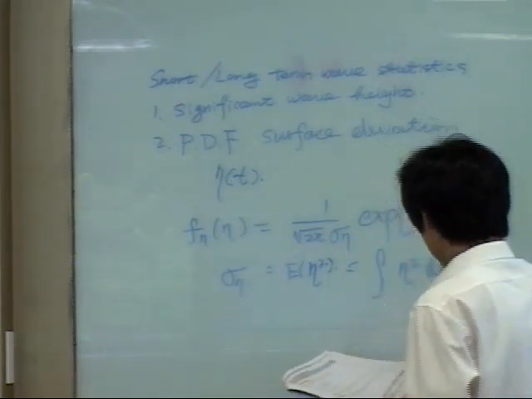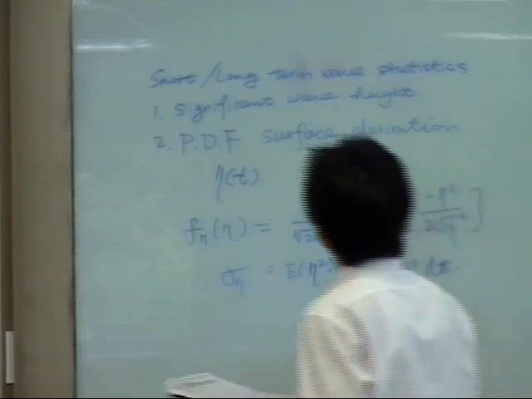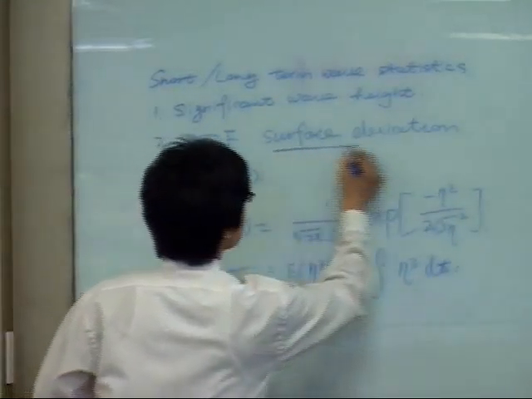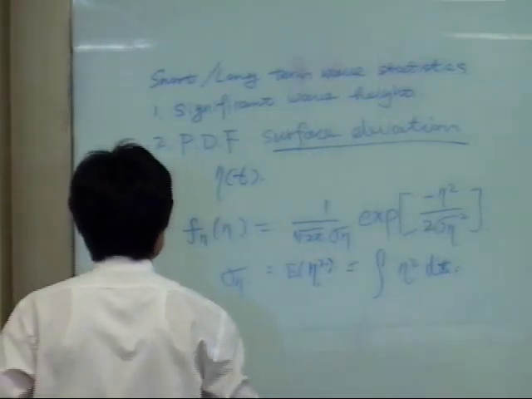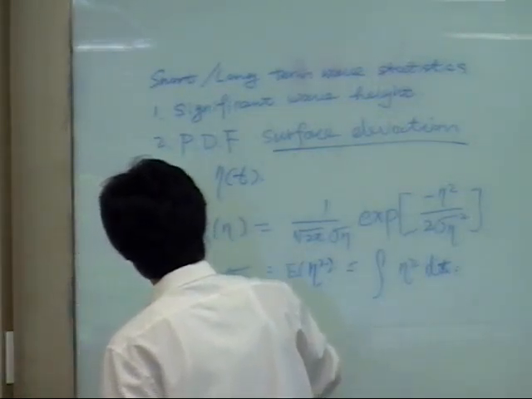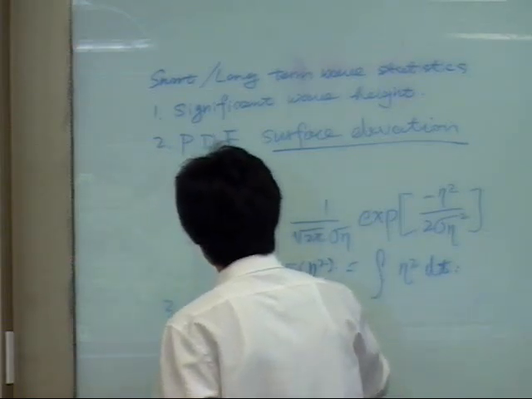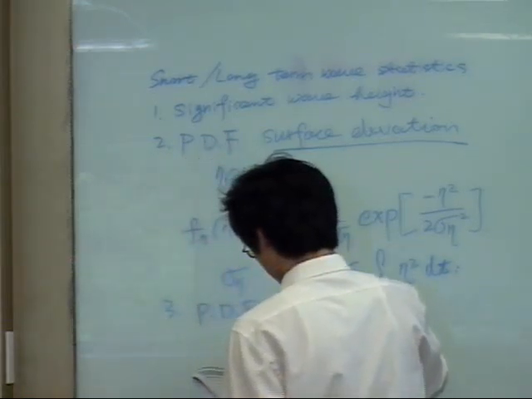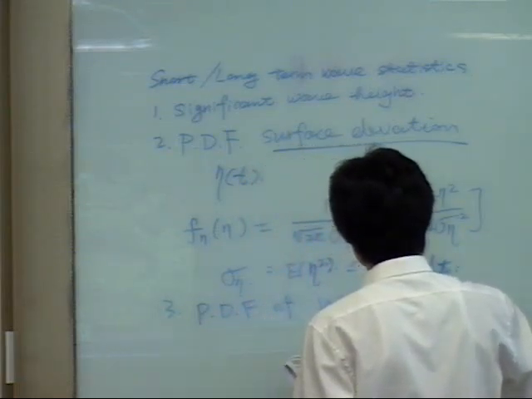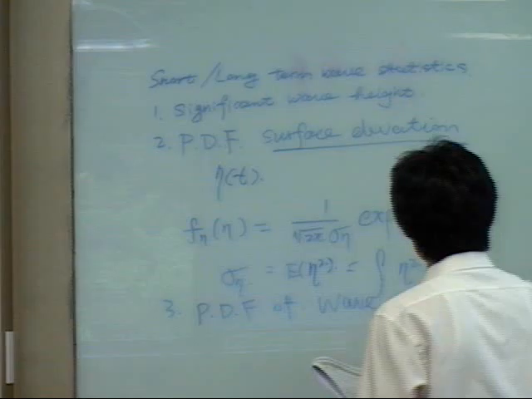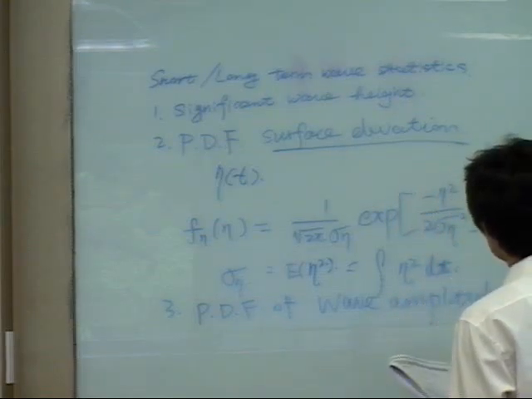And this is the PDF of surface elevation. Now we're talking about the PDF of wave amplitude or wave height.